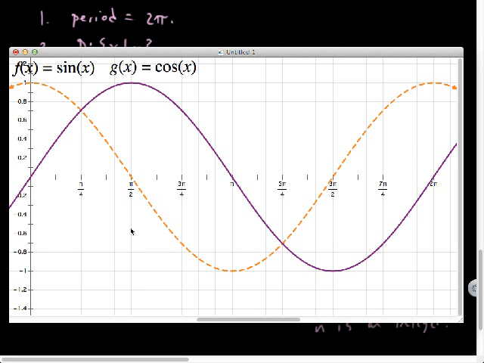Also, when are sine and cosine equal to each other? When do they cross? At pi over 4. And what's the value? What does pi over 4 mean in degrees?